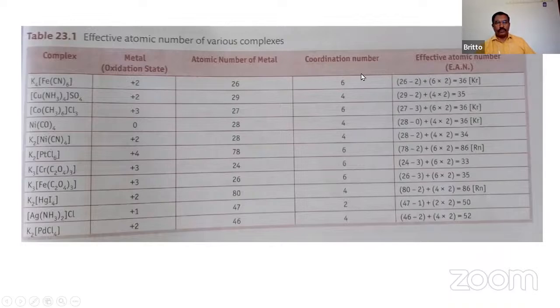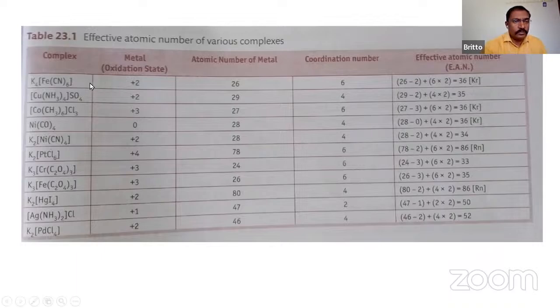To 24 we add: if the coordination number is 6, you have to add 12 electrons. If it is 4, 4 times 2, 8 electrons we add. So atomic number 26, +2, therefore 24 plus 12, 36. If it is 36, the closest noble gas is krypton. Krypton's atomic number is 36.